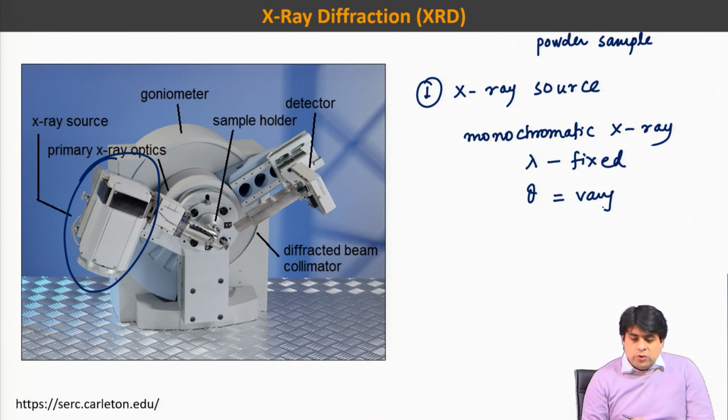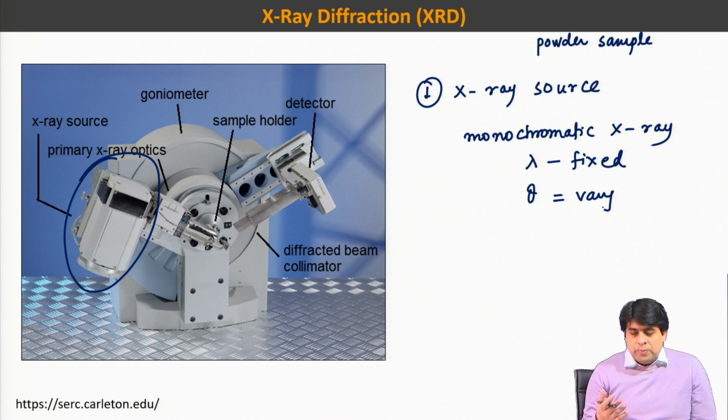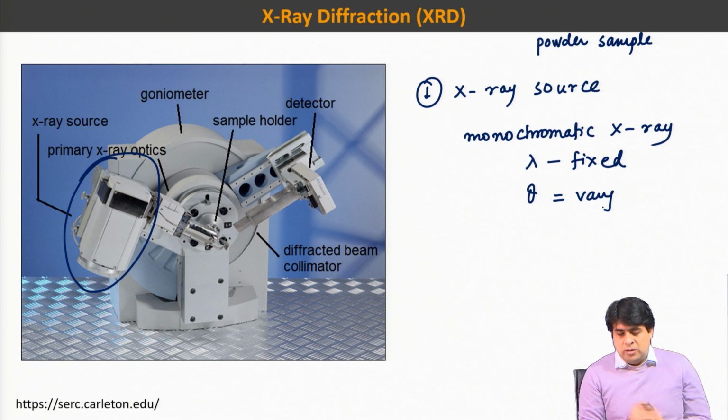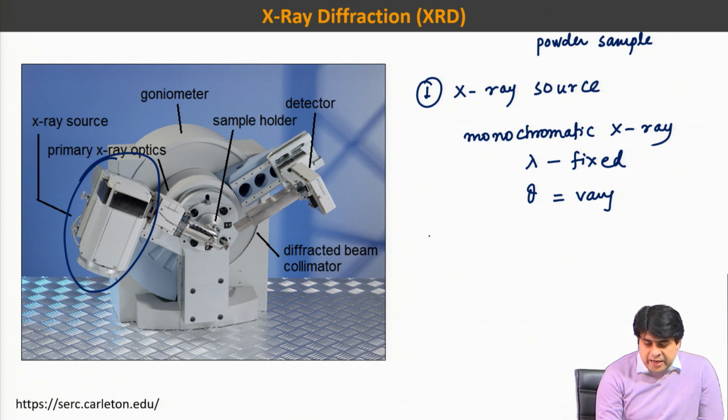So, we have a first part where the X-ray is produced, and this X-ray has a fixed value. For example, if we are using copper, copper has a particular X-ray value, so we can fix the X-ray value. Then the second part is a sample chamber or sample holder.